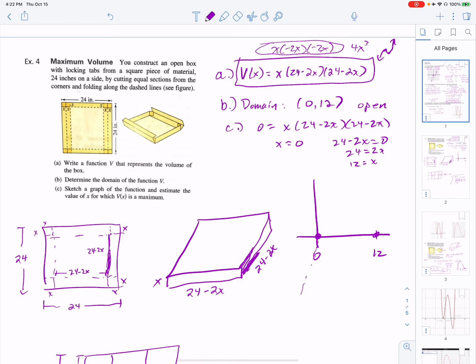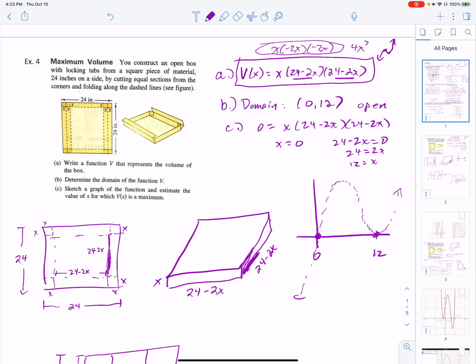So the graph is going to come, and then at 12, 12 is a repeated factor. It's of degree 2. It's repeated twice. So it's going to act as an even root, meaning that the graph is going to come, touch, and go back in the same direction.